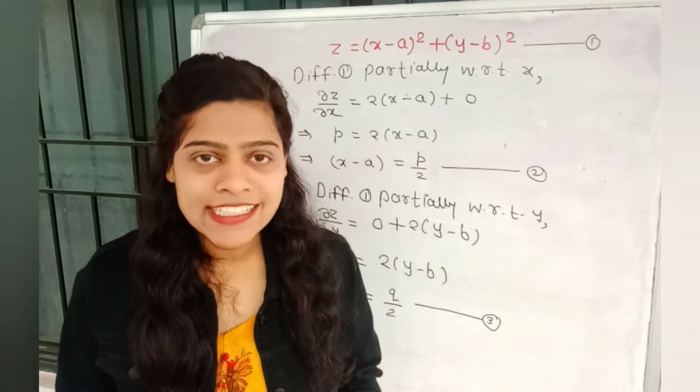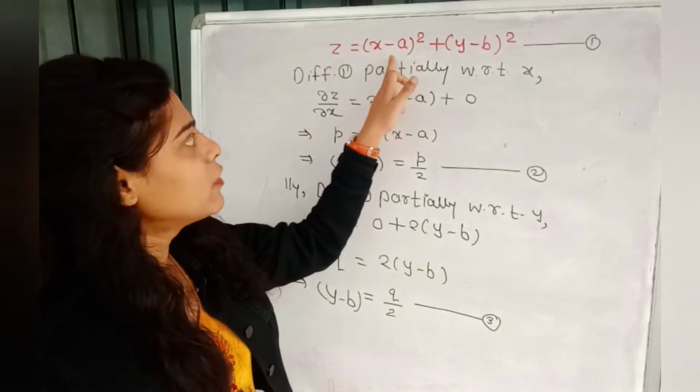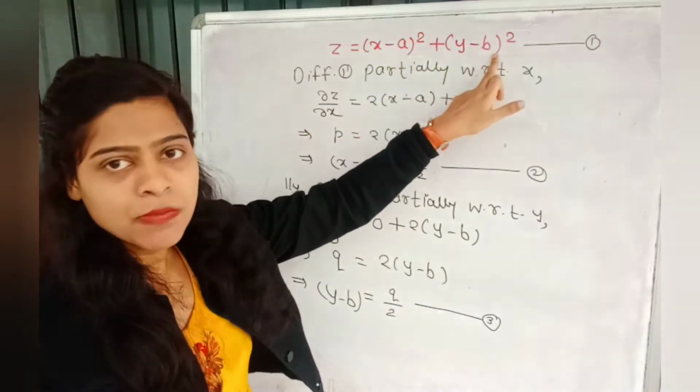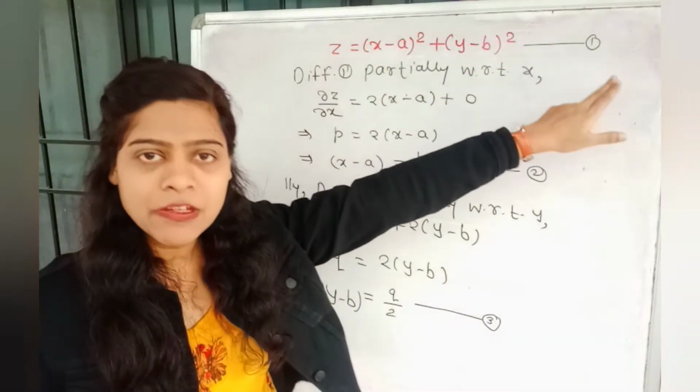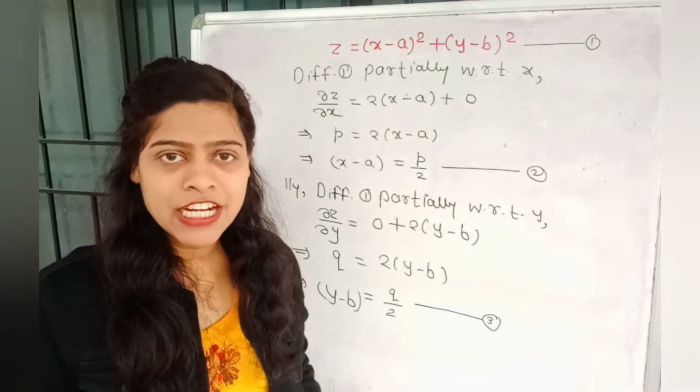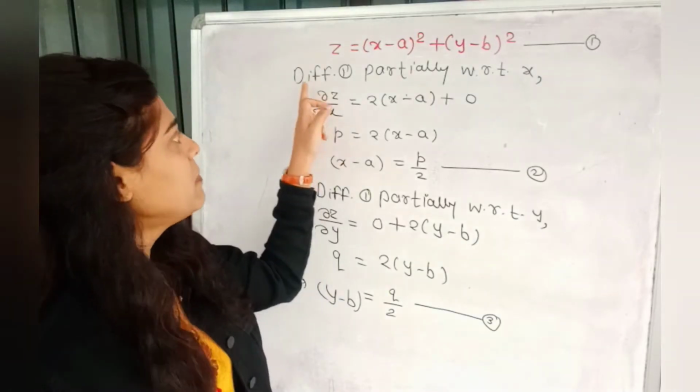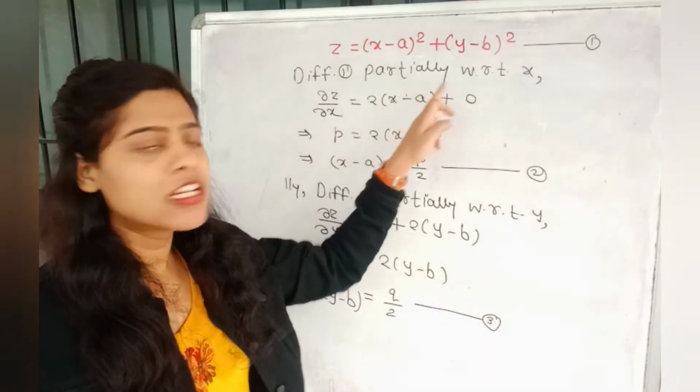Now consider the next example, z is equal to (x minus a) squared plus (y minus b) squared. We denote this example as equation number 1. To find its partial differential equation, the first step is to differentiate equation 1 partially with respect to x.